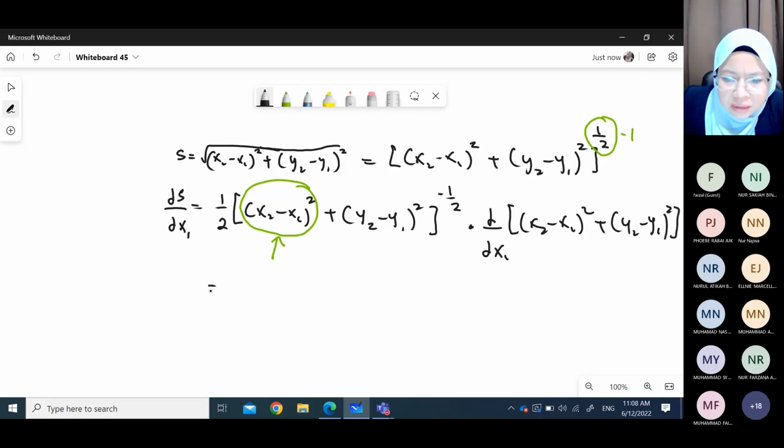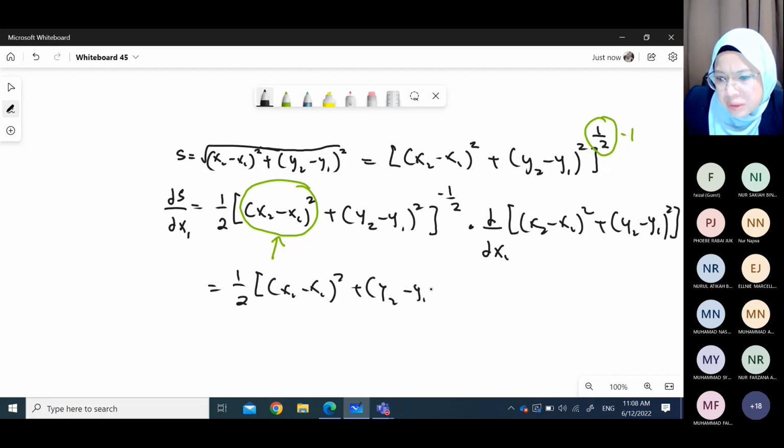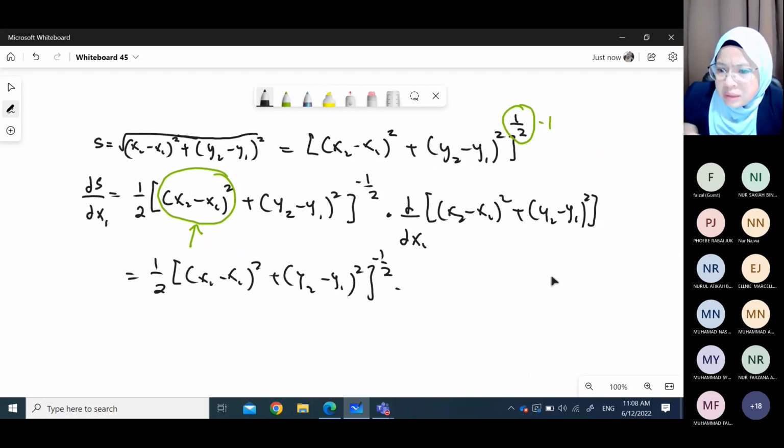Okay, kita differentiate ni. So ini dapat 1/2 times (x2 minus x1) squared plus (y2 minus y1) squared to the power of negative 1/2, and multiply with this one. So multiply yang ni dapat 2 times (x2 minus x1).